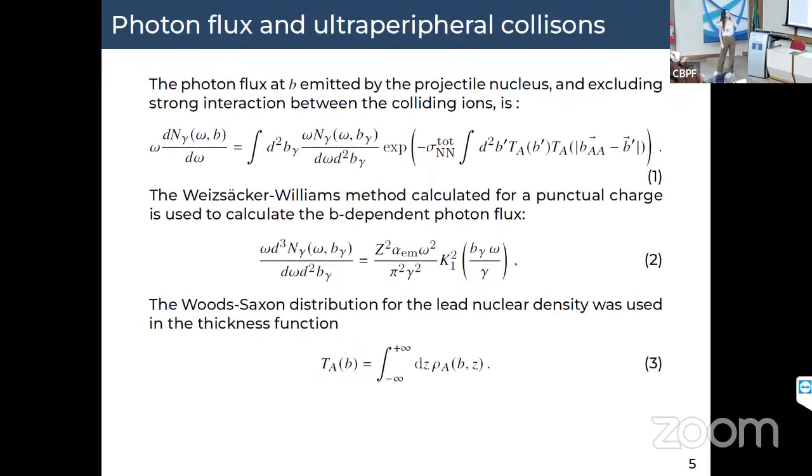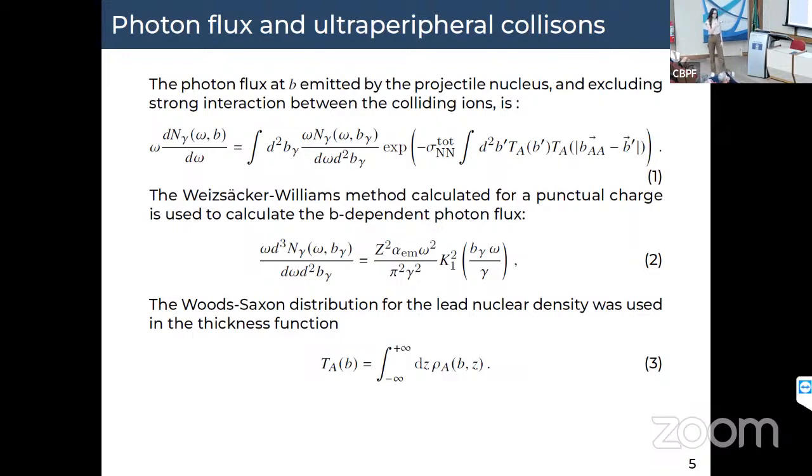So for the photon flux part of the interaction, we will use this expression for the impact parameter dependent photon flux, calculated with the Weizsäcker-Williams method for a punctual charge. In the exponential part of the expression, we exclude the strong interactions between the two nuclei.